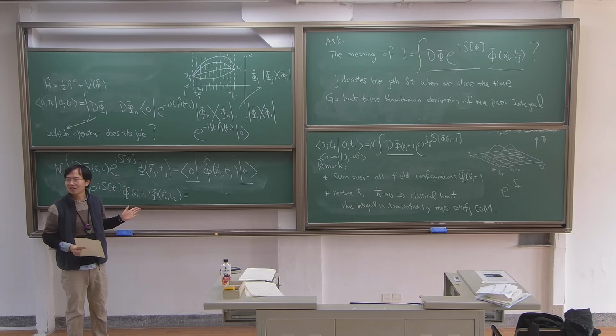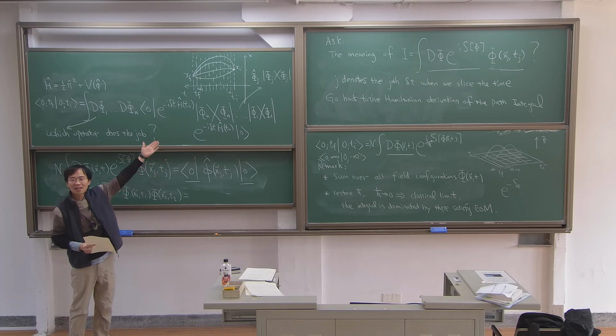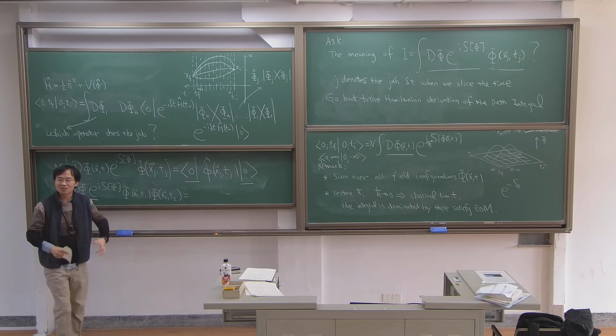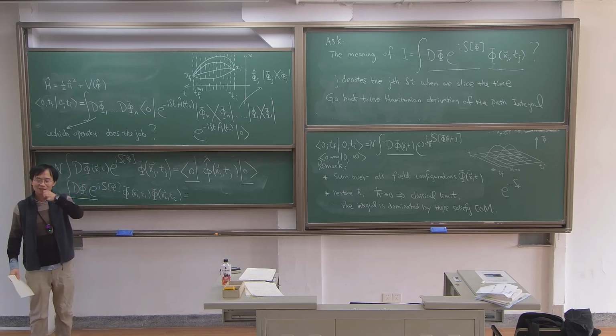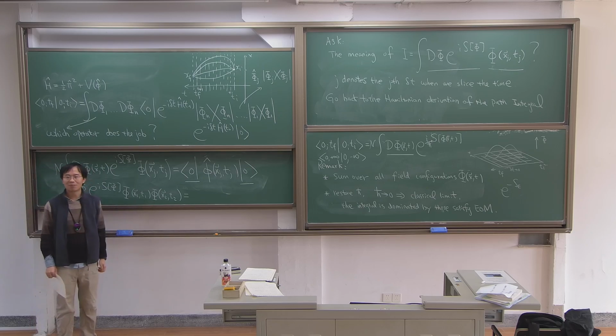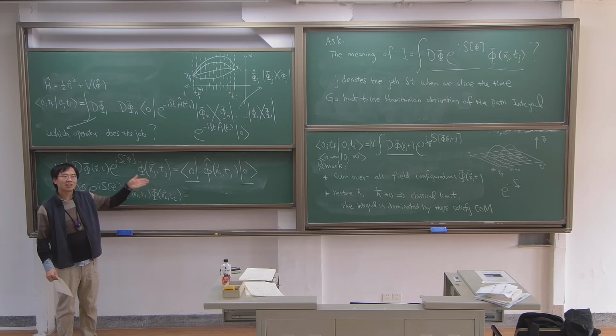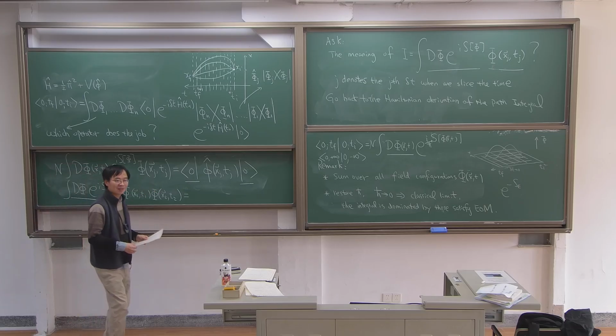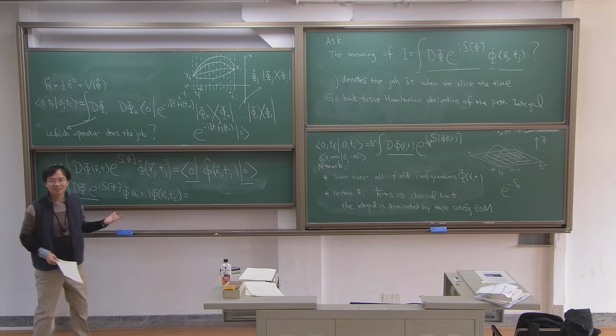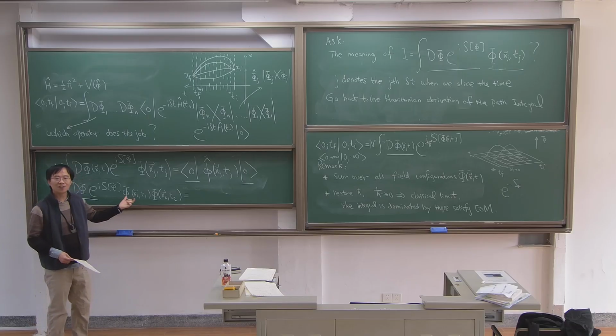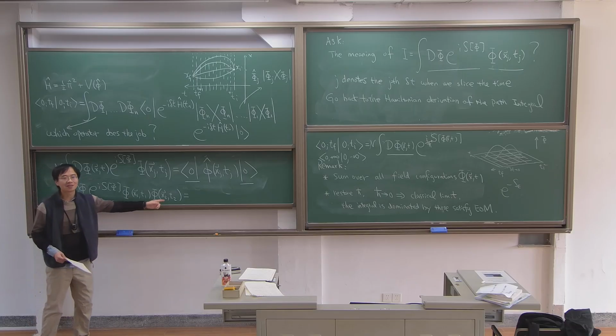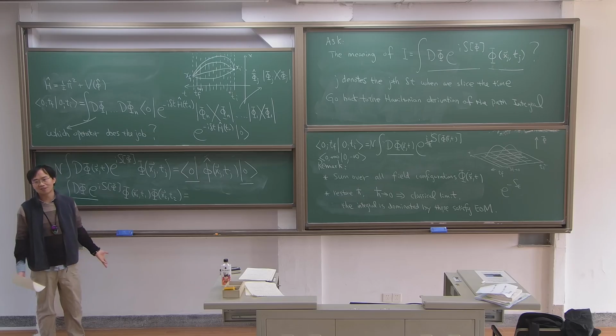Almost by definition, because you act on a time-sliced state with some operator to get this one. So this guarantees that the two-point function understanding of this kind of path integral is automatically time ordered.